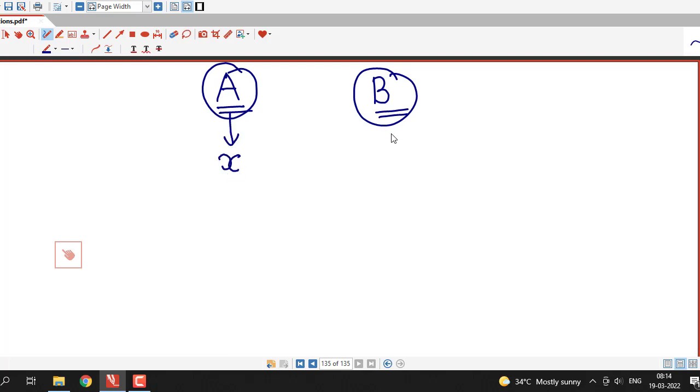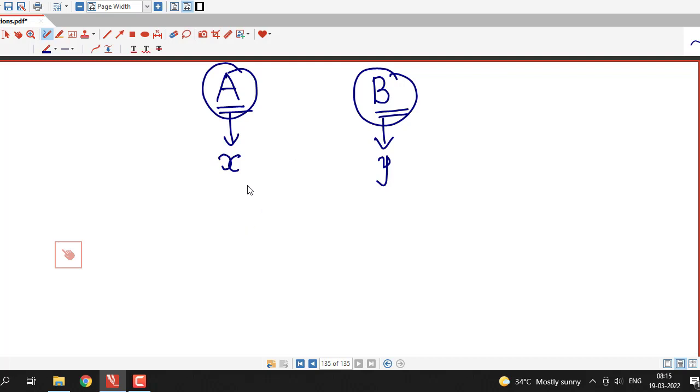So to define a function, we require two sets. Suppose I have two non-empty sets, set A and B. Then a function is a relation between two non-empty sets such that for every element in this set, there is a unique element of this set assigned by some rule.